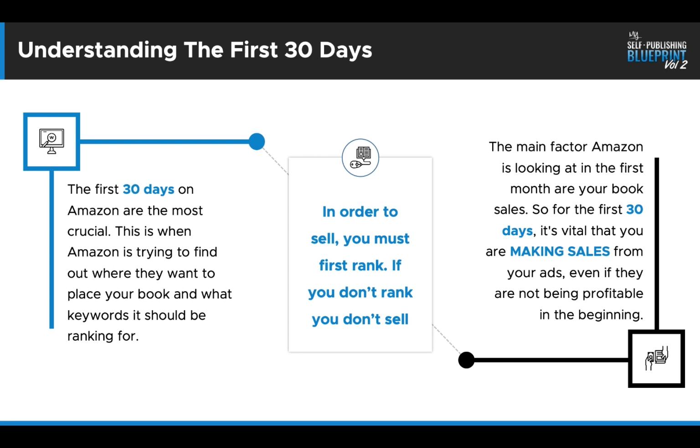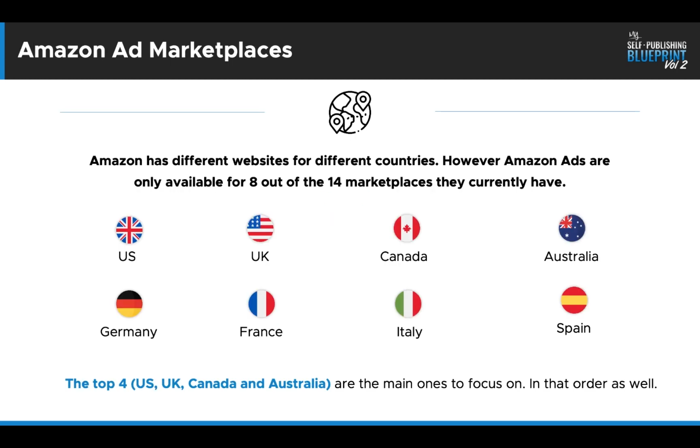Right now, we're not going to be super focused on profitability, and I'll keep coming back to this as a reminder. We are focused on getting as many sales as possible in the first 30 days, and then we go through and optimize and make our ads way more profitable afterwards.